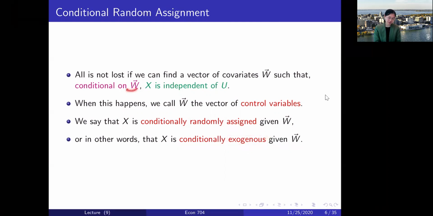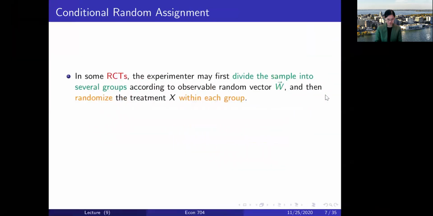So when such W vectors exist, we say X is conditionally exogenous given W. And this conditional random assignment will help us to consistently estimate the causal effect of X, that is beta 1.